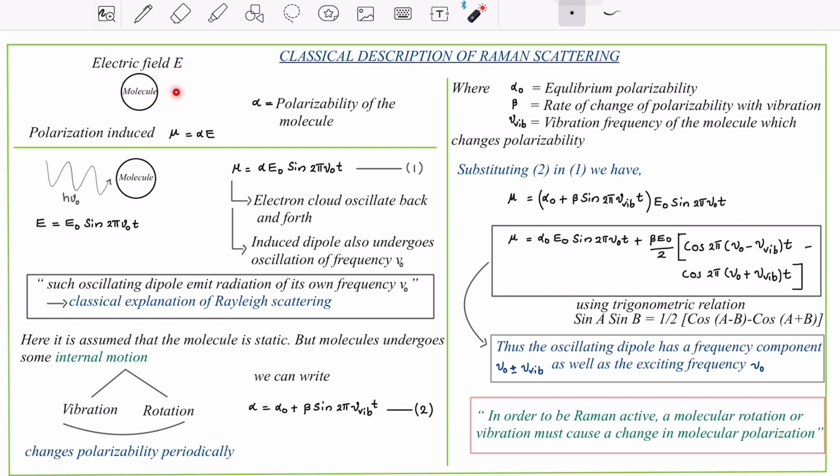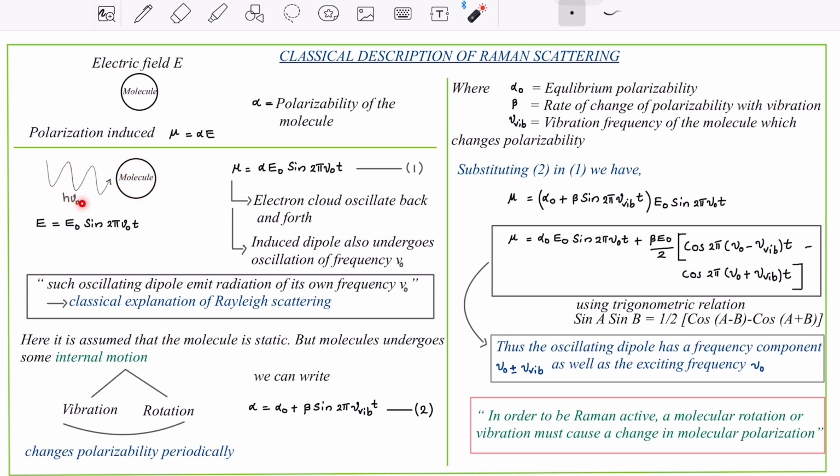So we can say there is a polarization induced. This induced polarization is proportional to the electric field. So you can write mu is equal to alpha E. What is alpha? Alpha is the polarizability of the molecule. The induced polarization mu is equal to alpha E. Here we have taken a static electric field.